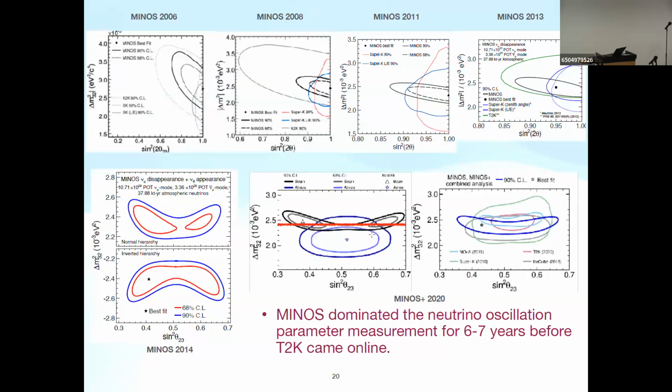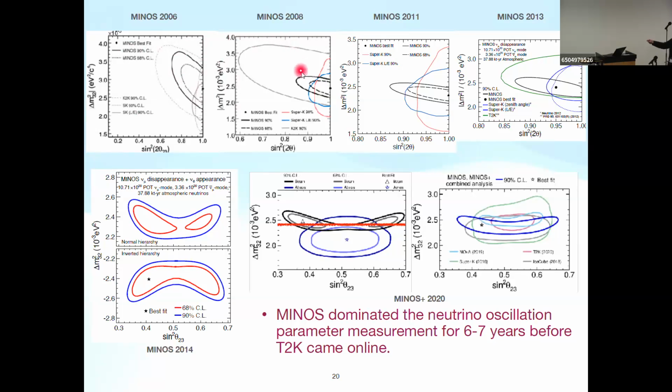So along the bottom is always the mixing angle. The top row is sine squared 2 theta 2,3, and on the bottom we were able to use a 3-flavor analysis to get sine squared theta 2,3, and up the side it's delta m squared. And so you can see that in 2006, you can see the Super-K measurements there looking very precise compared to ours.